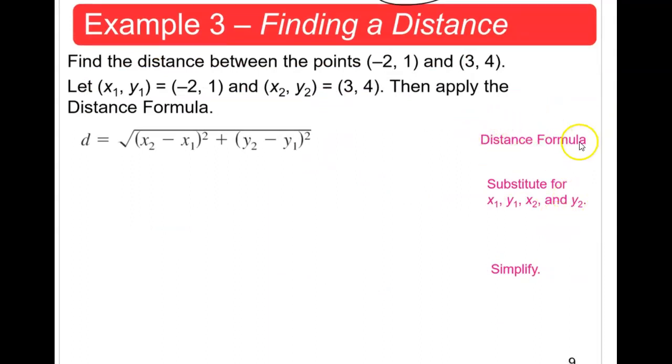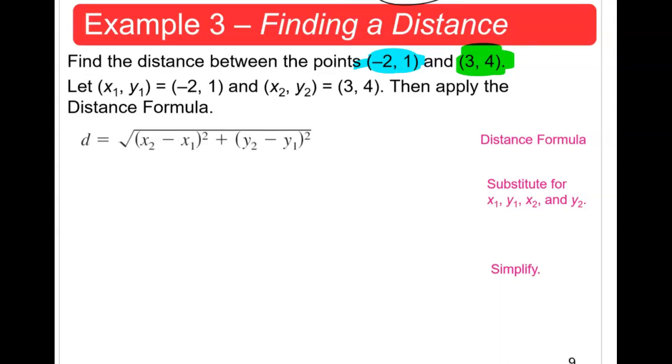So we have here the distance formula. I strongly recommend that you write down the formula every time you use it. This is one of those formulas that you are going to be using for a while, and it kind of never goes away. It's very useful actually. So we have our two points here. We have (-2, 1), and we have (3, 4).